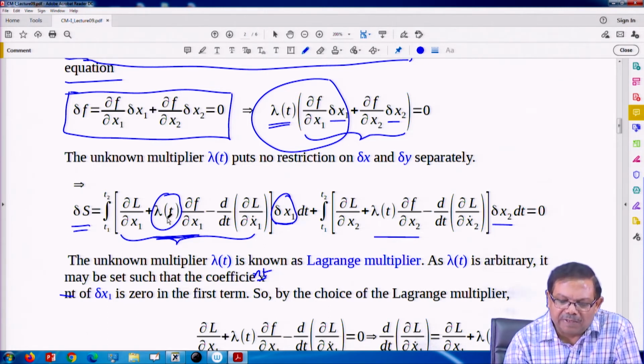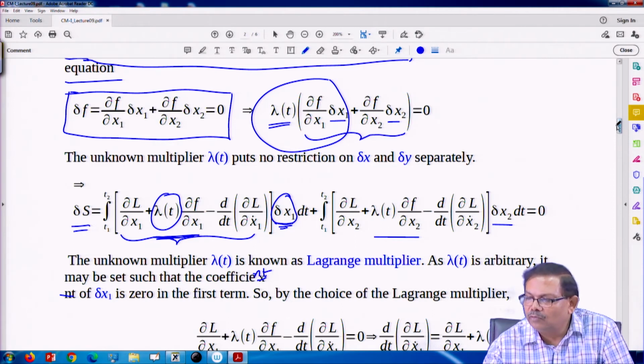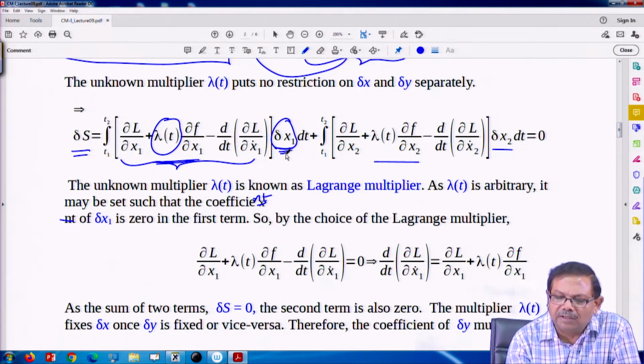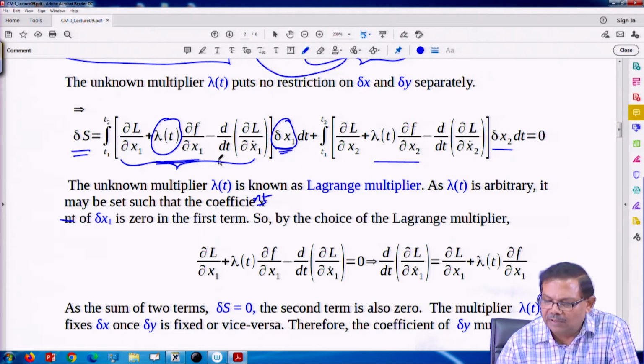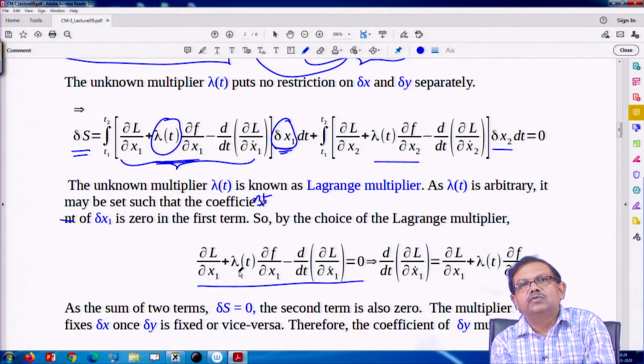So, by setting lambda, I can force the coefficient of delta x 1 to be 0. That is the use of this Lagrange multiplier. If I do that, then the coefficient of delta x 1 can be set equal to 0. When it is 0, this lambda has been given some suitable value.